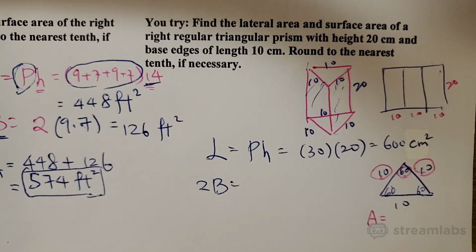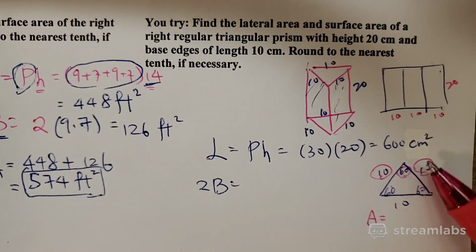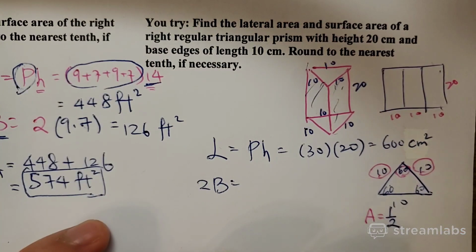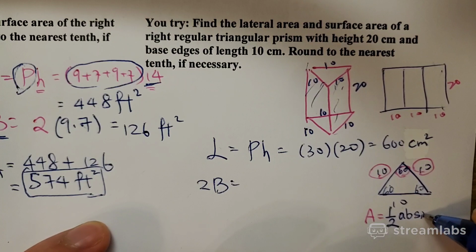If I know side, angle, side of a triangle, it has to do with AB sine C, but this is a triangle area, so you must have 1/2 AB sine C.